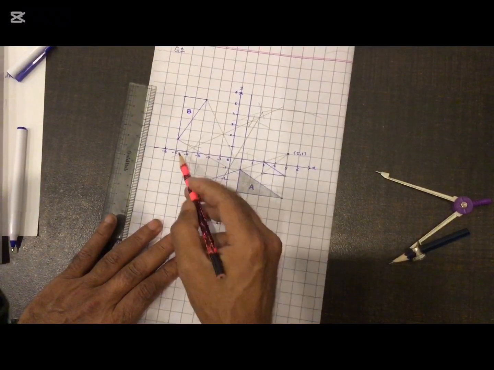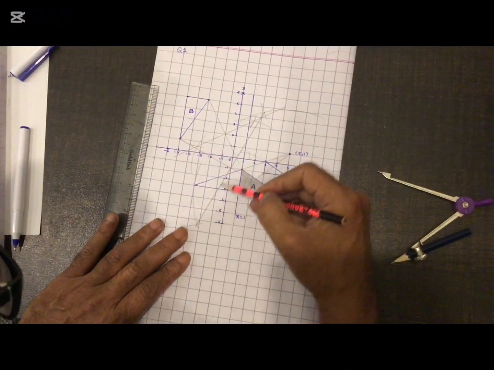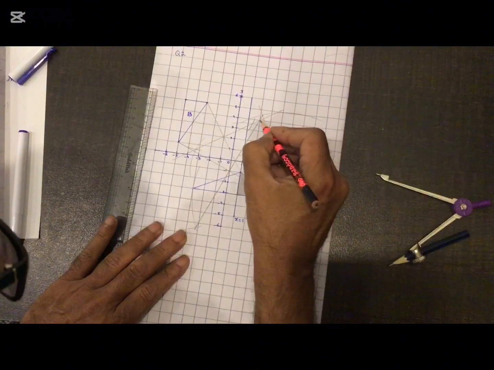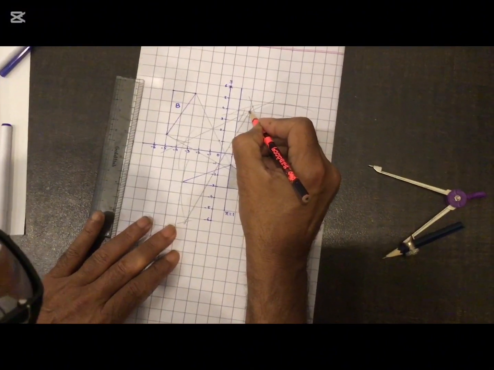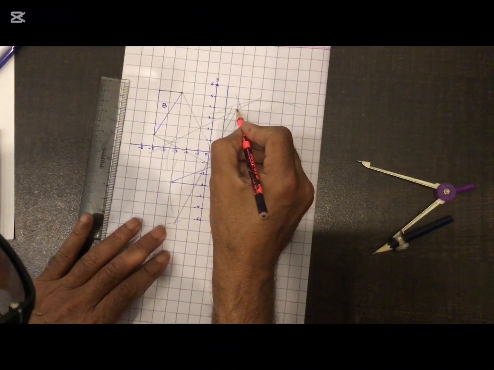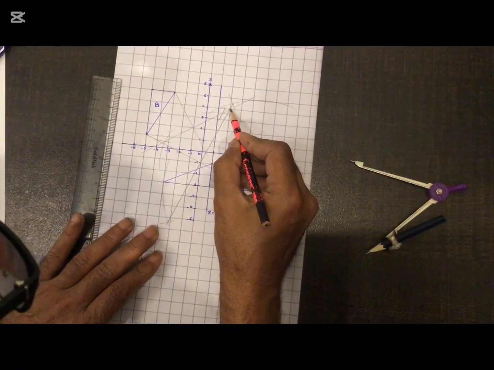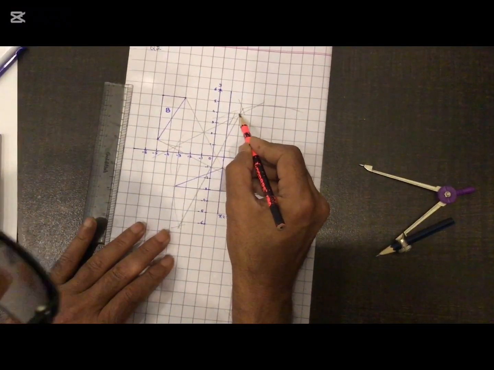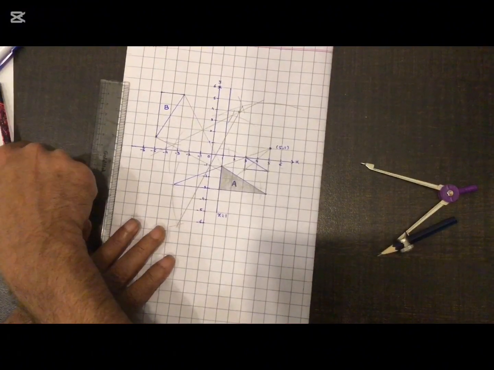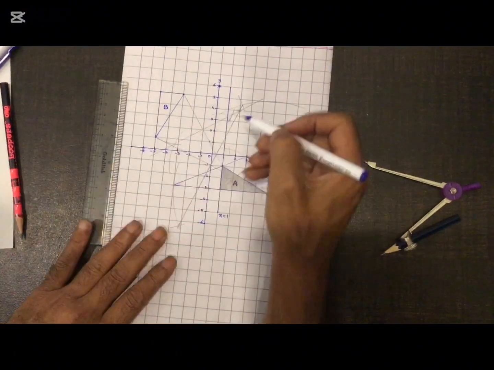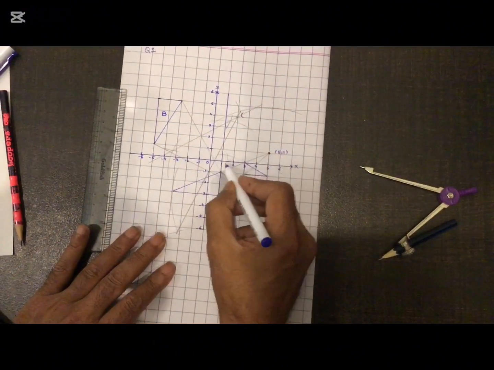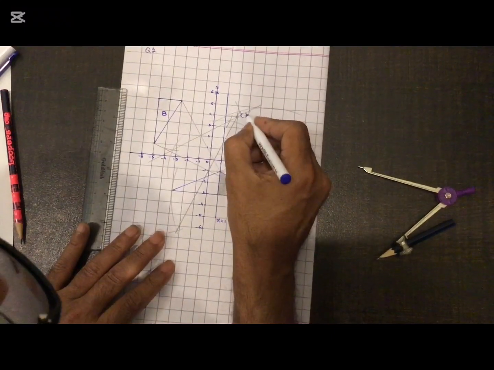Now where these two perpendicular bisectors meet, that would be your center of rotation. If it aligns a little differently, you can find the center as a whole number. You can write it down here: 2, 4.